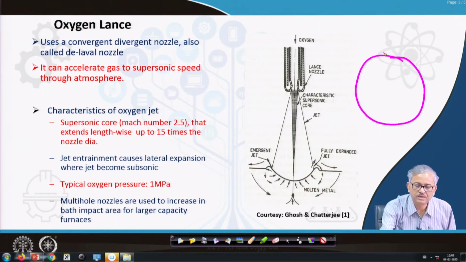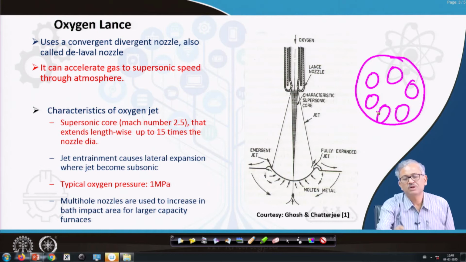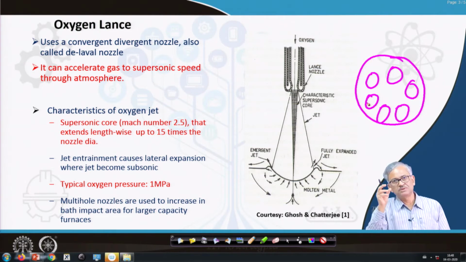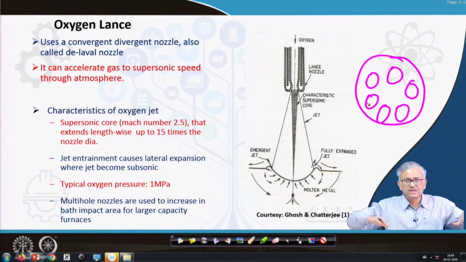This is the nozzle, and you have several convergent divergent nozzles inside it. Suppose 6 convergent divergent nozzles are there, and they are configured in such a way that they do not overlap with each other, because they are independent.